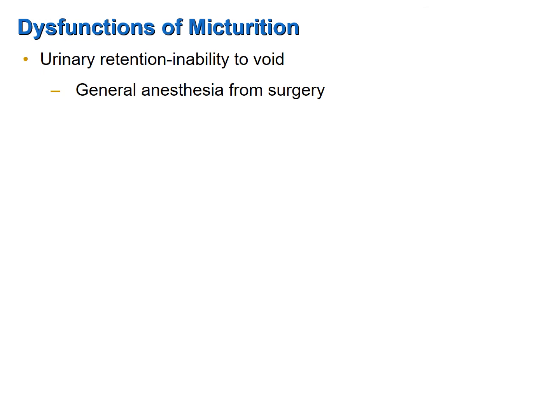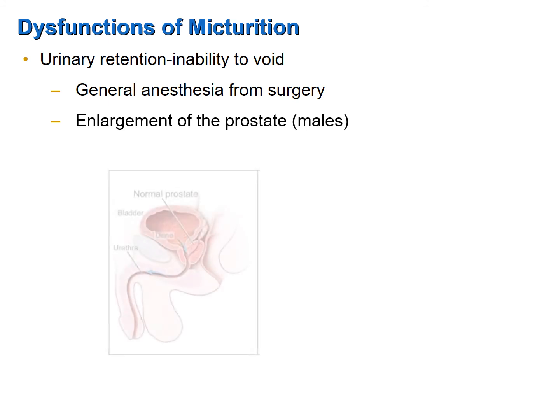Another dysfunction of micturition is urinary retention, or the inability to empty the bladder, even when the bladder is full. This is quite normal following general anesthesia, which is administered during surgery, as it takes some time for the smooth muscles of the bladder and urinary tract to fully regain their functions. In older males, enlargement of the prostate can also cause urinary retention.